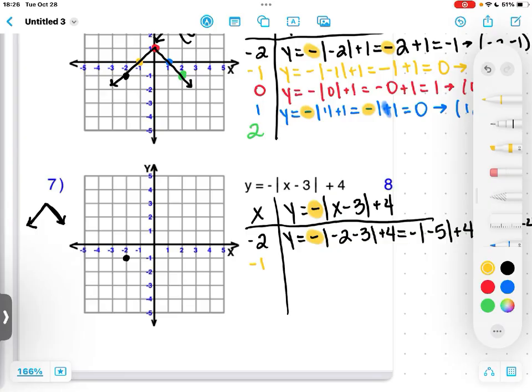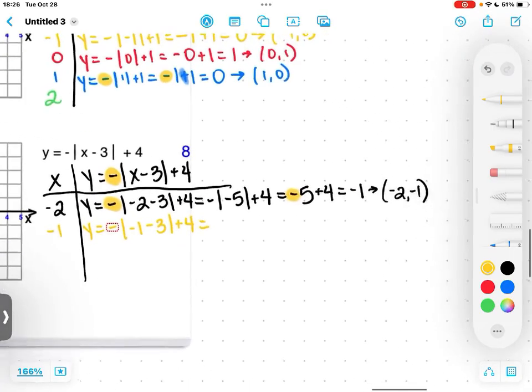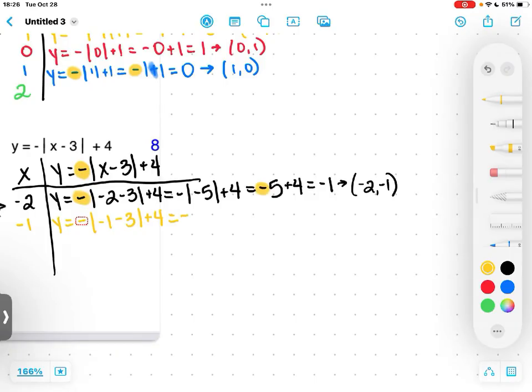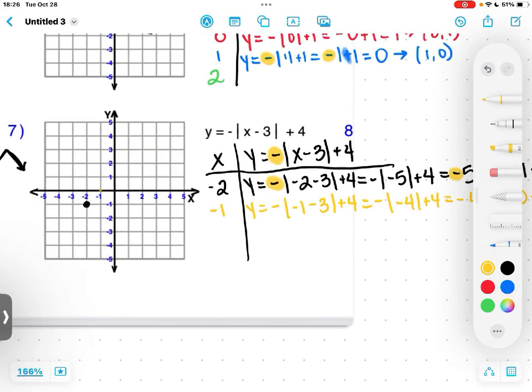From there, negative 1, y equals. From here, you are just plugging it in and then solving. So I am going to do this relatively quickly. I'm still going to show all my work, but I'm not going to state every single step. Making this point negative 1, comma, 0.